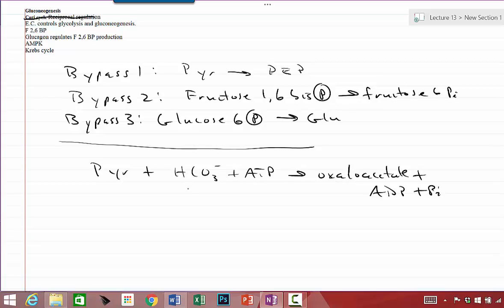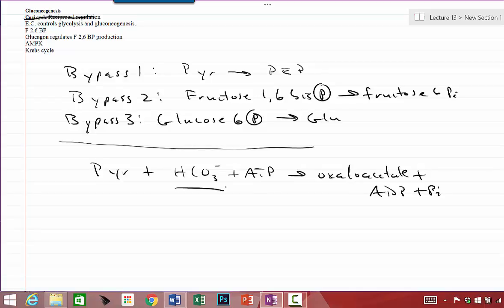Anybody remember what we call what I just underlined? Think way back to your general chemistry. Close, it's not carbonic acid. It's very close though. It's the deprotonated form of carbonic acid.